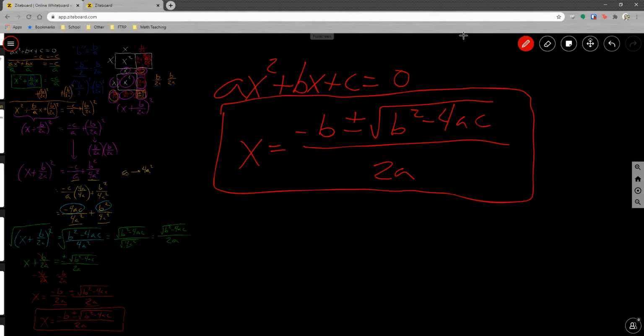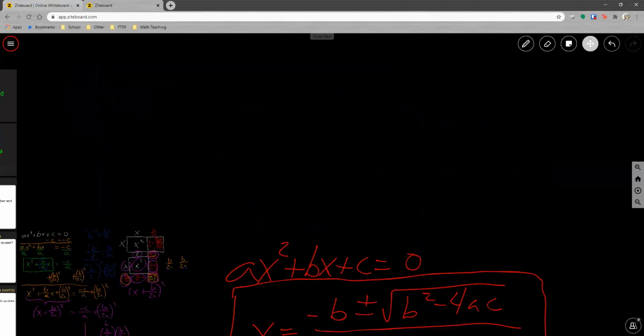So what we have here is what we call the quadratic formula. I basically solved the standard form formula using the completing the square idea and found a way to solve for x no matter what x is. This is very, very powerful, and we can use this to solve any quadratic.